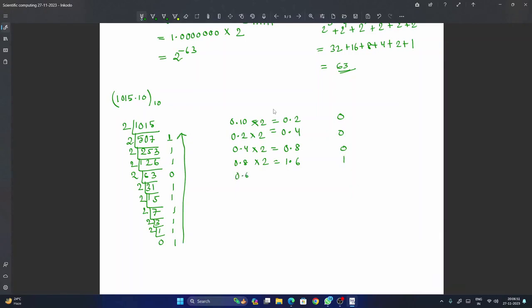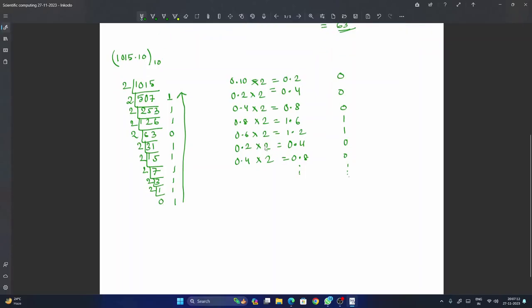Then 0.6 into 2 is 1.2. 0.2 into 2 will be again 0.4. Now it is going into a recurring process, so 0.4 into 2 will be 0.8. Now this is 0, so it will continue like that.